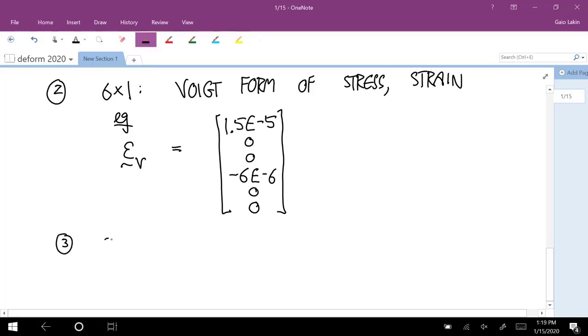The third one, we'll see 3x3 matrices. And there'll be 2 times that we'll use this. One is the stress tensor.